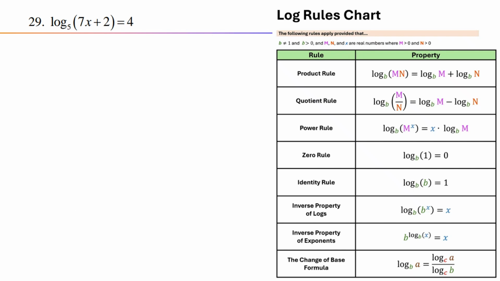This is the last question in part 3 of the video today. We have the same type of question, so we follow the same path. You see log base 5. Looking further to the right, your exponent equals 7x plus 2.